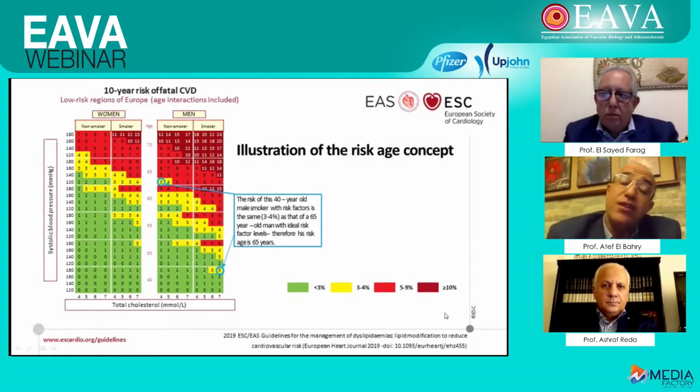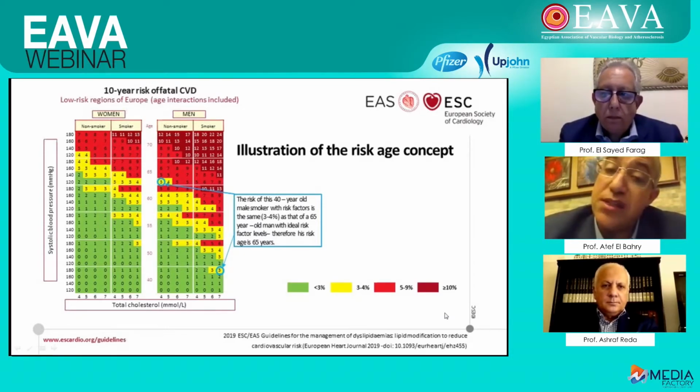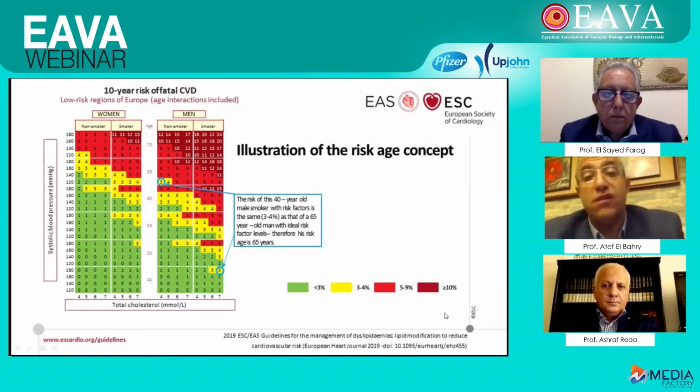So the patient with 40 years with risk factors is as risky as the patient with 65 years without risk factors. And this is the importance of putting every patient over 40 in a risk score chart, which includes the smoking status, the systolic blood pressure, and the total cholesterol.